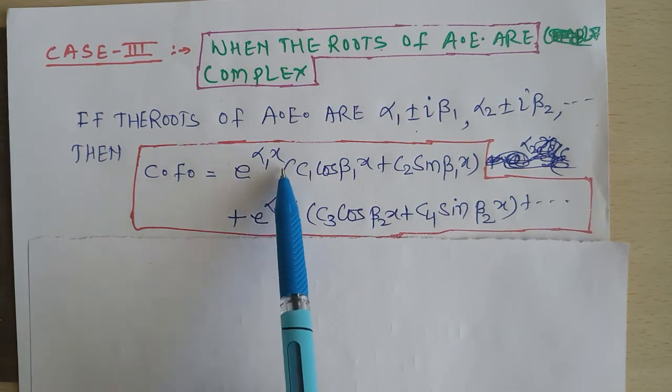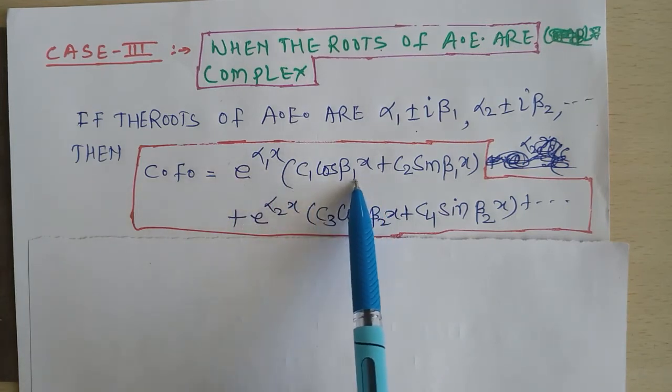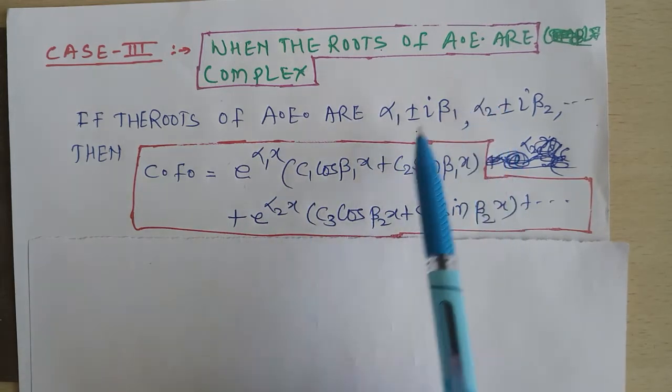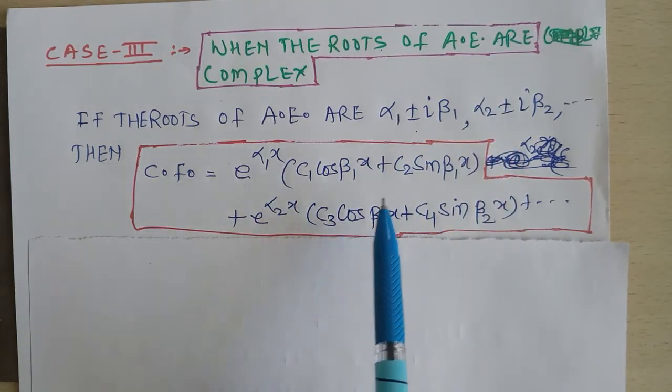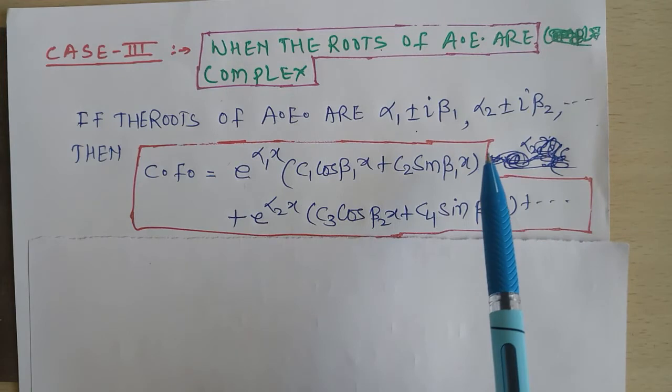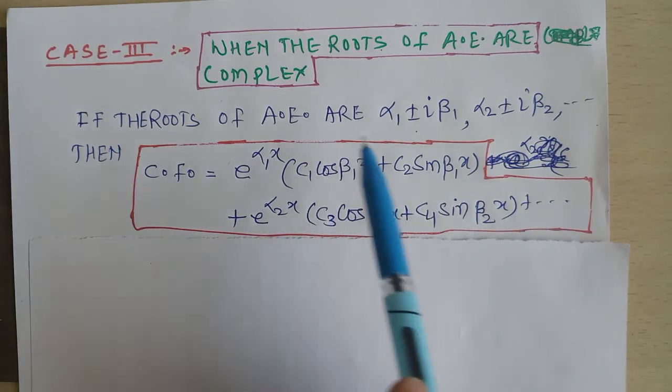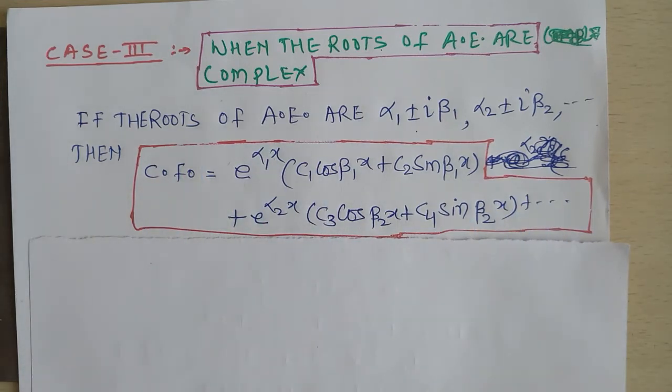So e power alpha 1x times C1 cos beta 1x plus C2 sin beta 1x, plus e power alpha 2x times C3 cos beta 2x plus C4 sin beta 2x. So in case of complex roots, this is the process to write the complementary function.